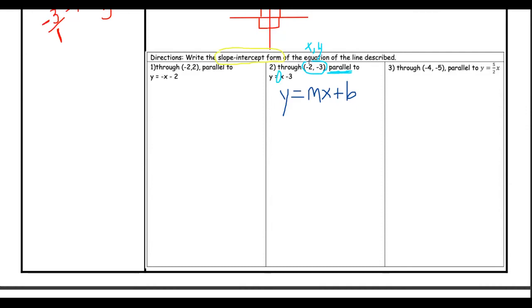Okay, so here's all the important information. X, y, parallel, which is same slope, and then the slope, which appears to be invisible right here. Okay, so if you don't see the number in front of x, that's a 1. Okay, it's just a simplification thing. They don't write 1x, but m is 1.